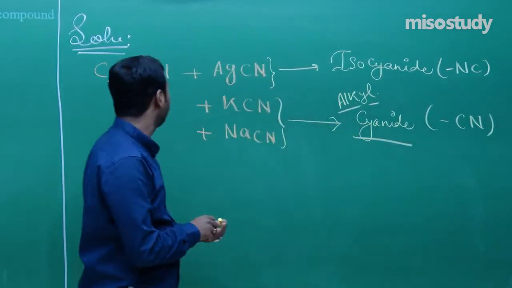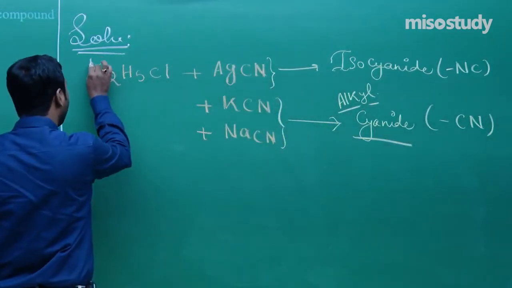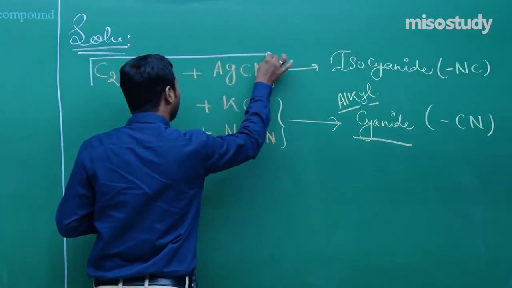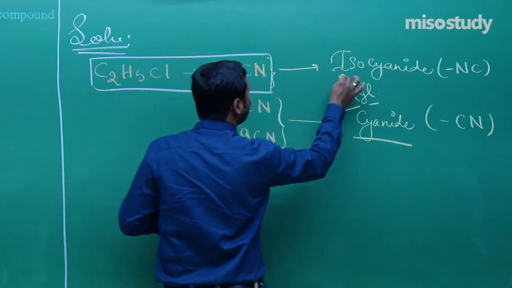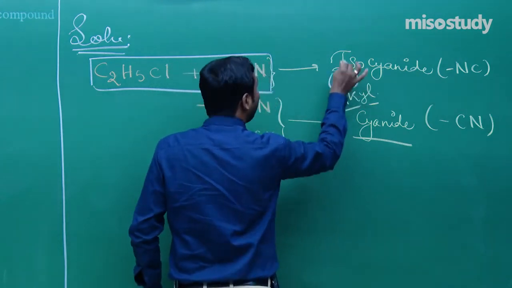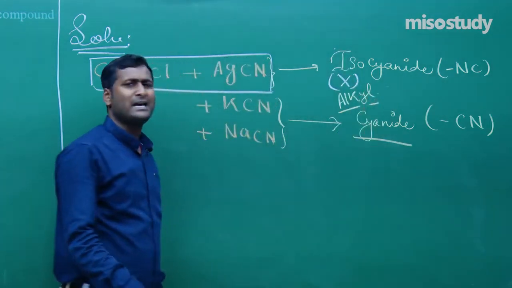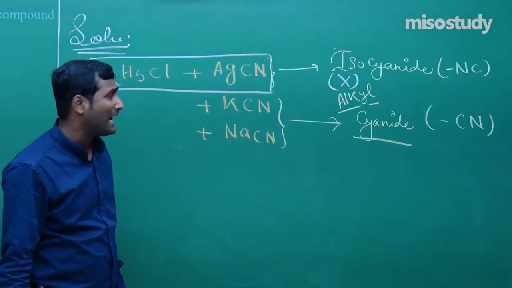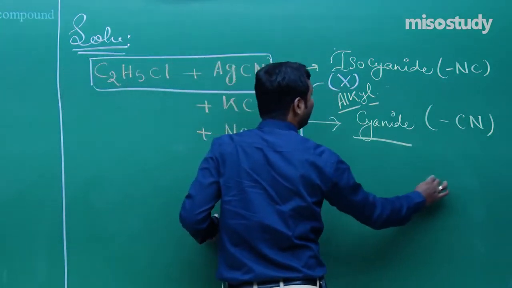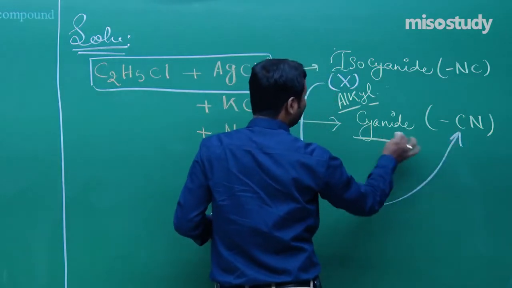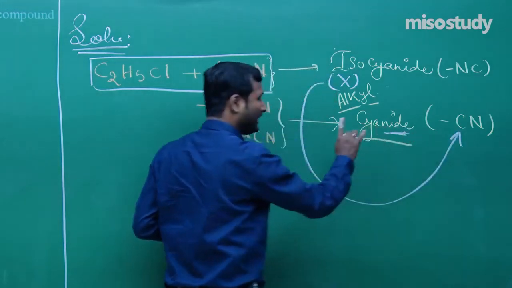Now the question arises: when ethyl chloride is treated with AgCN, it forms X. X is an alkyl isocyanide or isonitrile, and the isomer of X is cyanide.